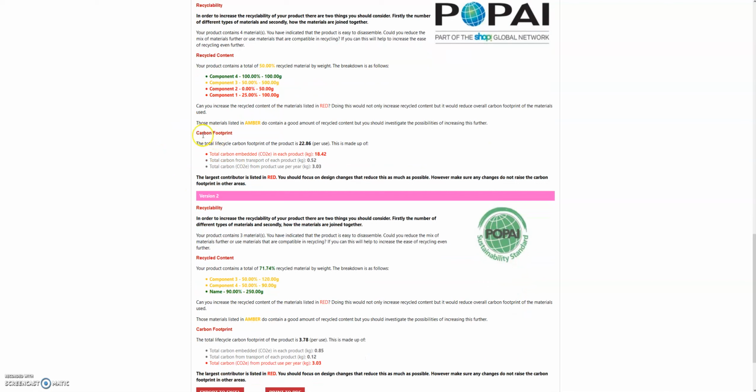And then finally, carbon footprint. It explains your total carbon footprint per use and looks at how that is split down. And by far the biggest in this one is the impact from materials. So again, can you do anything to reduce that?